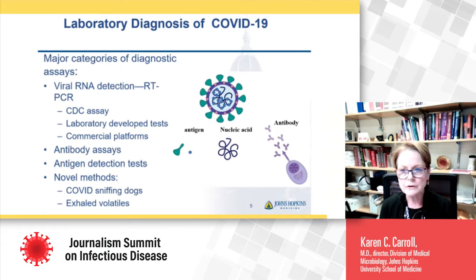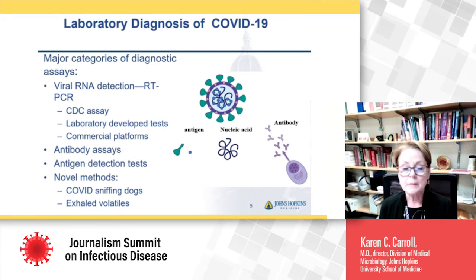Soon thereafter, laboratories that had independent molecular sections were able to develop their own tests while we waited for our industry partners to develop their commercial platforms. And by April, we did see some of the first commercial tests getting their emergency use authorizations through the FDA.